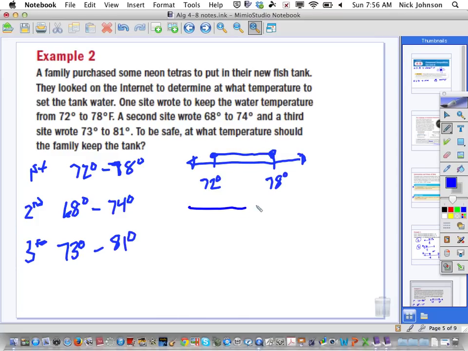These guys are saying from 68 to 74. And notice we can't include them, so you want to use the closed circles. And these guys say from 73 to 81.